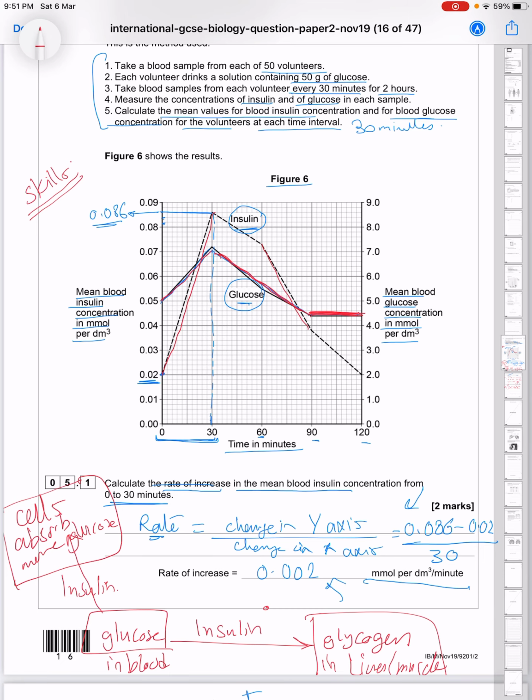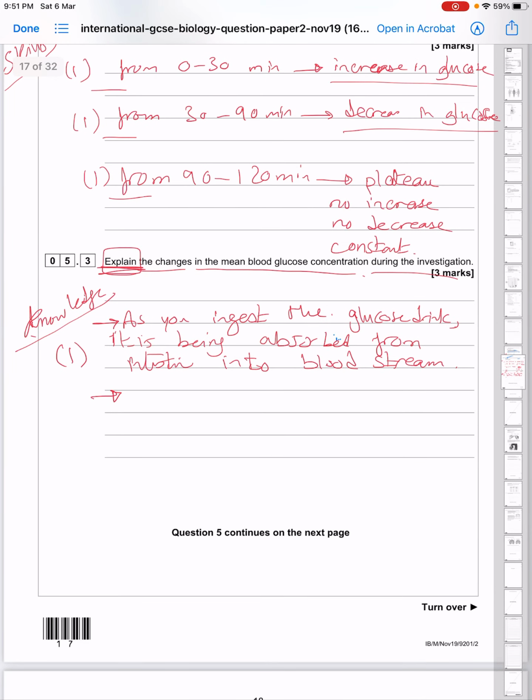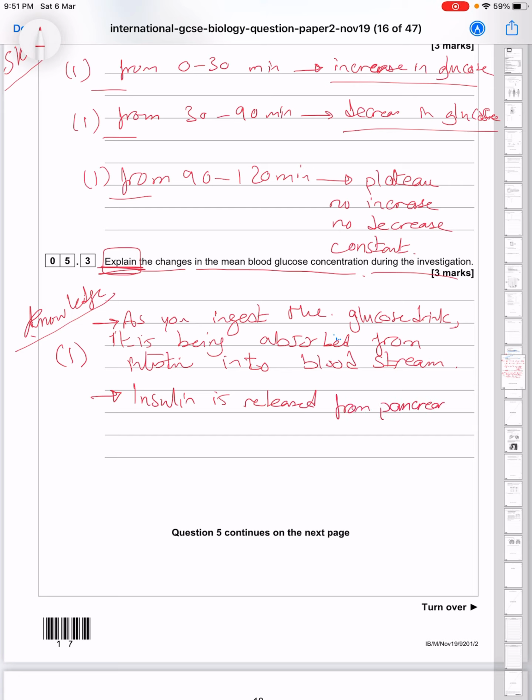Okay, now let me go back to what I'm going to write here. So I would write exactly what I explained. I'm going to write in here that because insulin is released, definitely insulin is released from the pancreas into the blood. Okay, so this refers to insulin, the second mark, and then referring to how glucose will be decreased.